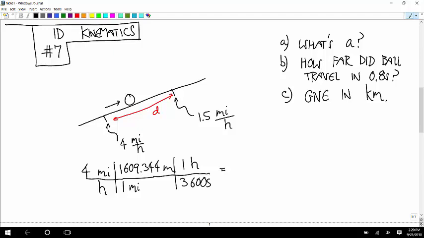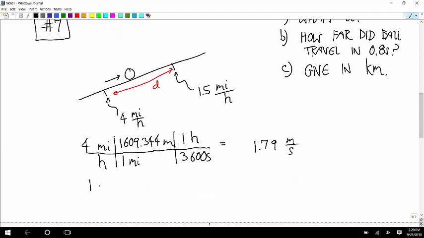Four times 1609. Okay, so at that first location, speed is 1.79 meters per second.